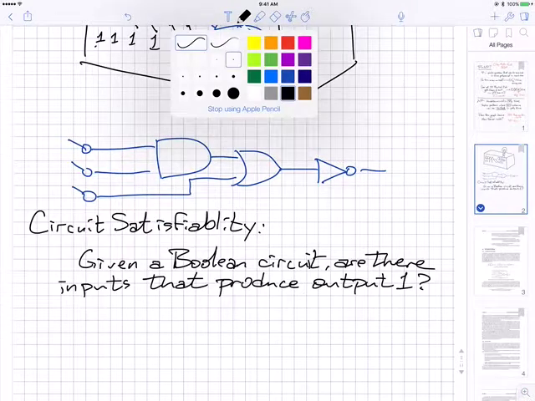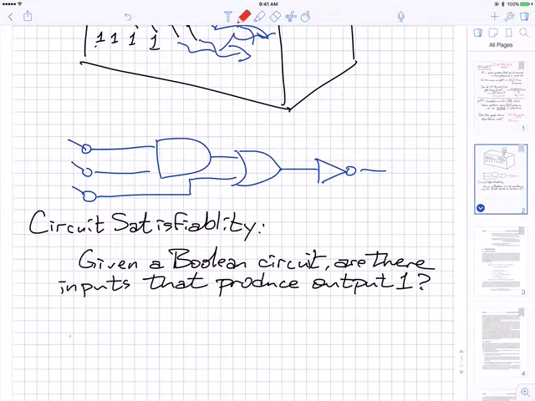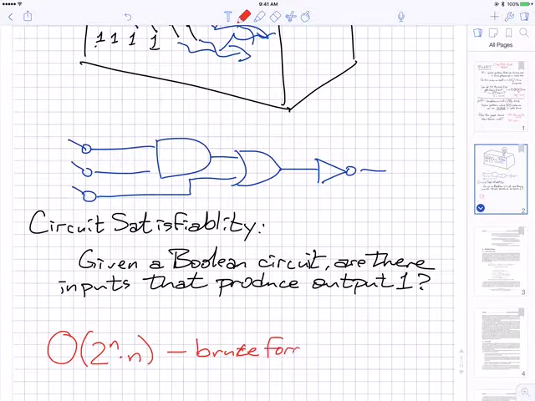There's an obvious algorithm which takes time something like 2 to the n times n. This is brute force, which is, well, I've got 2 to the n possible inputs. For each one, I need to trace the value through the circuit. I can do that in time linear in the overall description complexity of the graph. So I get something like this.